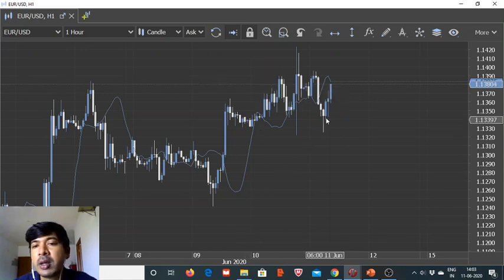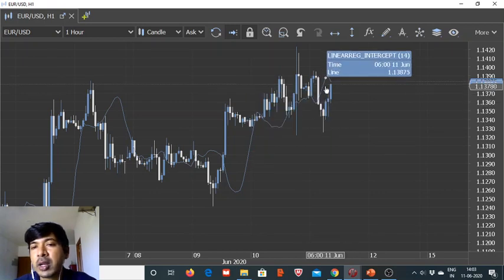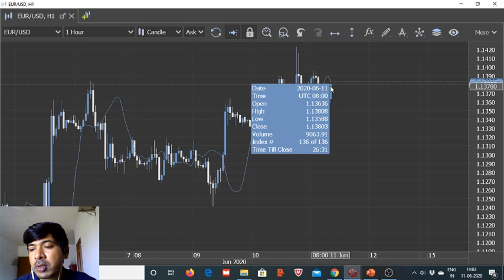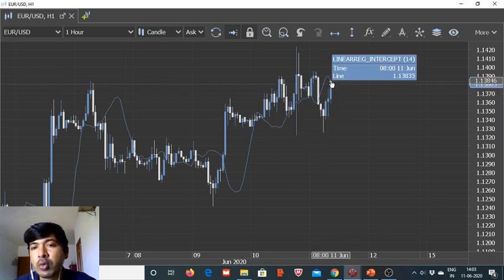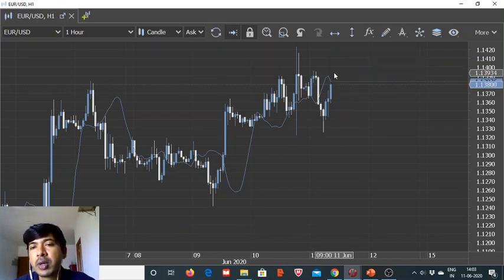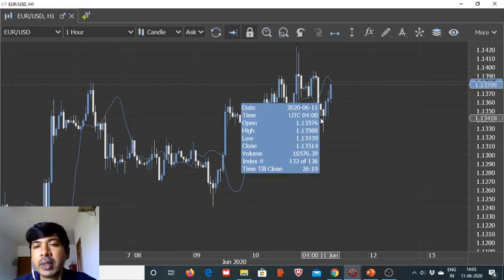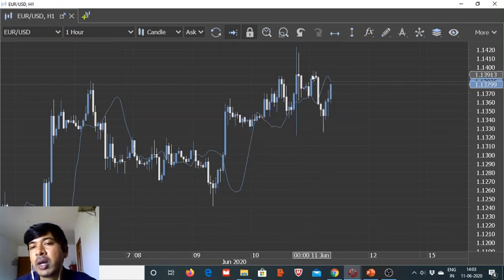So here, for example, you can see that 4 hours have closed below this linear regression intercept, and suppose this hour's candle close happens to be above this linear regression intercept, then the new buy trade will be opened, and that way we will have this correction.